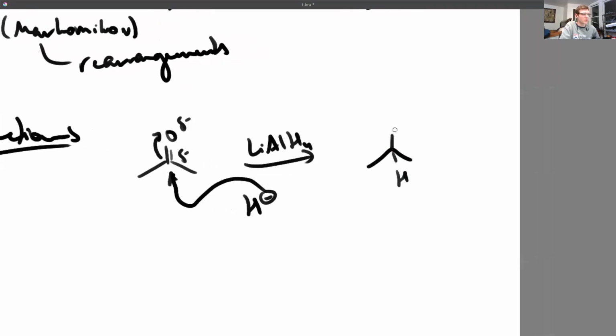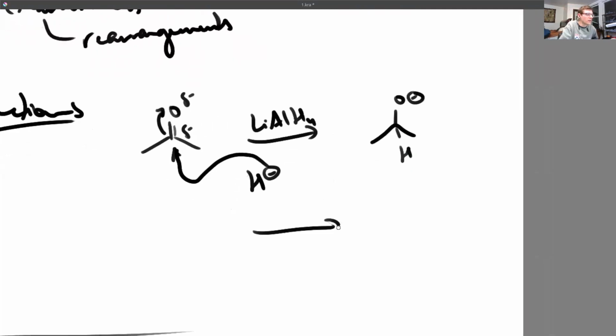So there's that hydrogen down at the bottom, and now there's an O minus, right? And from there, second step, we have to add water. We have to do an aqueous workup, okay? And it's going to pull the hydrogen off of that water, right?